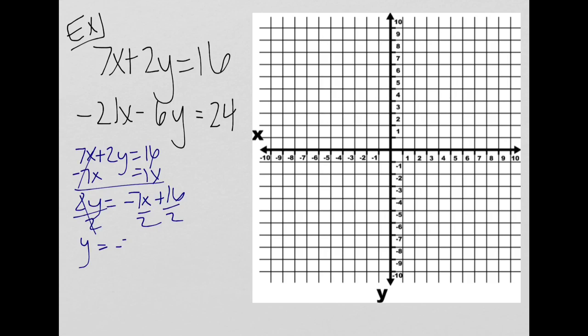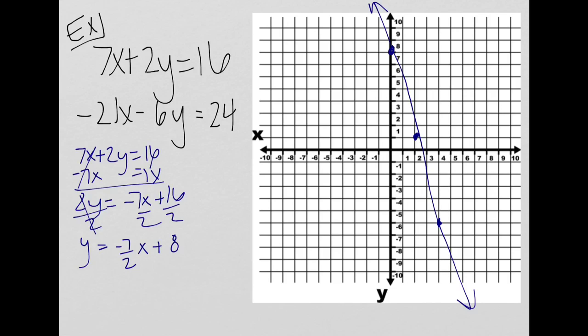So y equals -7/2 x plus 8. So it says go up to 8, put a point, and then it goes down 7 over 2. Alright, so that should be enough, hopefully.